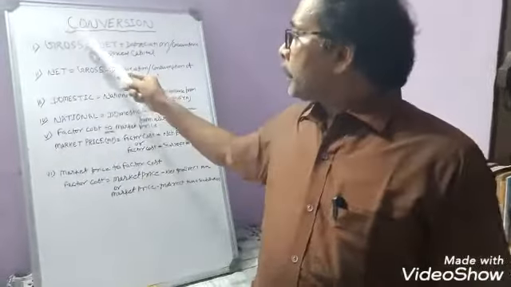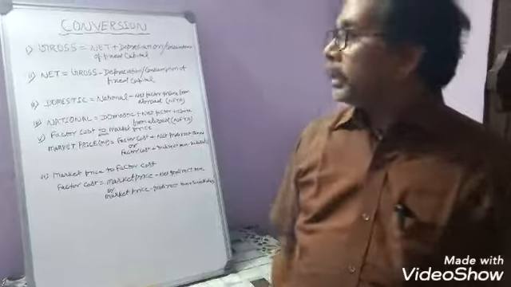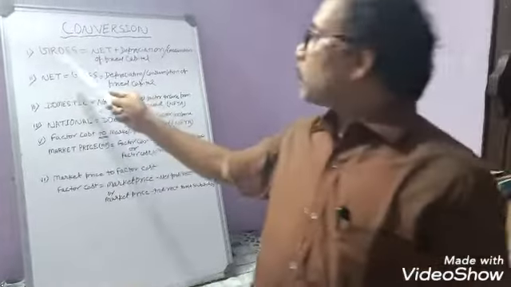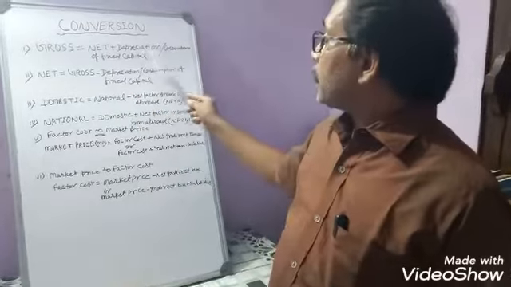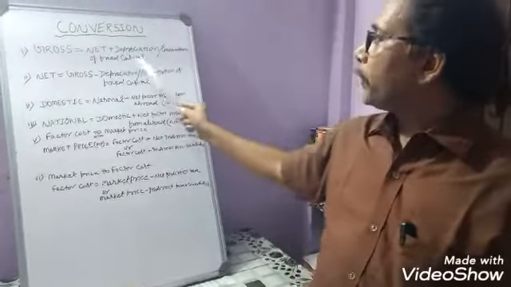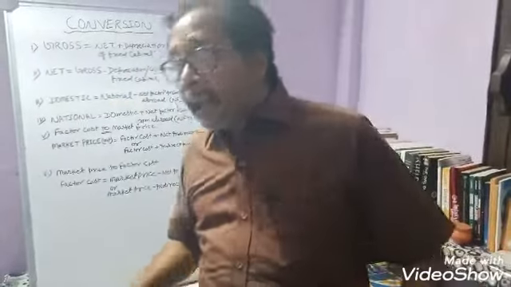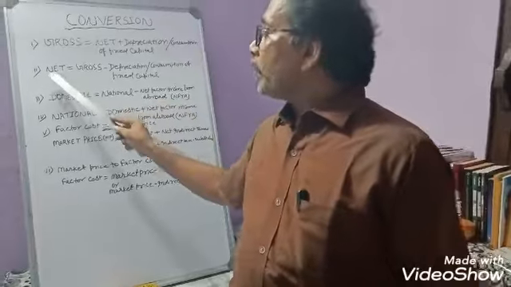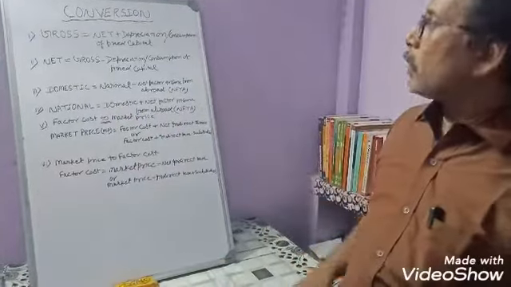Suppose gross is what you have to calculate from the net. Net is already given, but you have to calculate gross. In this situation, unless we add the depreciation or the consumption of fixed capital, the gross can't be determined. Like that, if we have been given the gross but we have to calculate net, we will go just opposite of it.